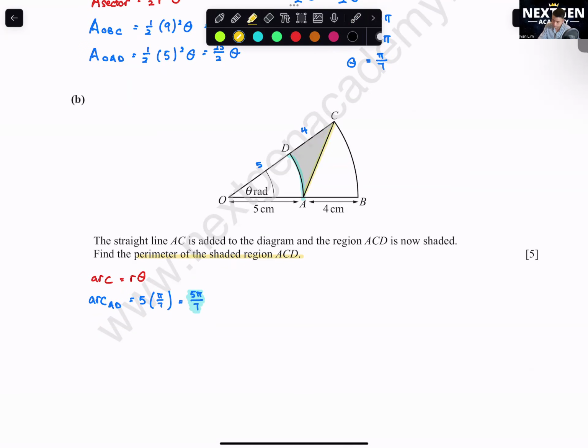Okay, how to find AC? We analyze all the information that we have over here. This is a straight line. Can I use, let's say, a right angle triangle? There's no right angle triangle. Can I use any of the sectors? Okay, but we can use this one. You see here, we have this side, we have this side, we have this data, which is pi over 7.